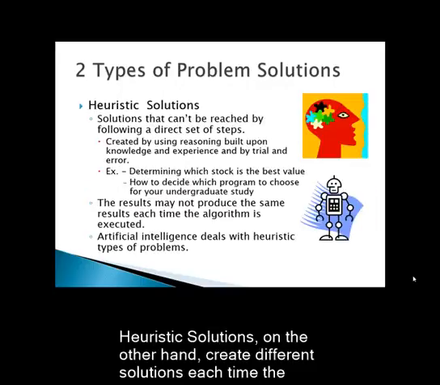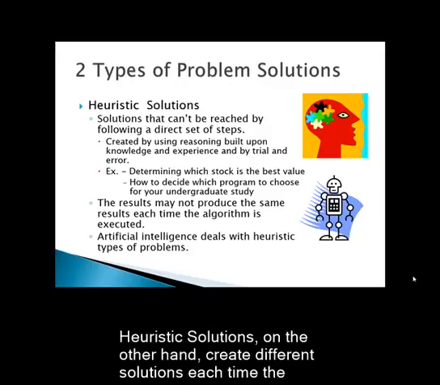All right, the second type of solution is called heuristic. In heuristic solutions, the solution cannot be reached by following a direct set of steps. When we have a problem that cannot be solved by a set of steps, we use heuristics. This basically gives some intelligence to the software.